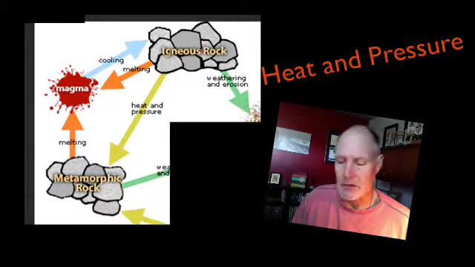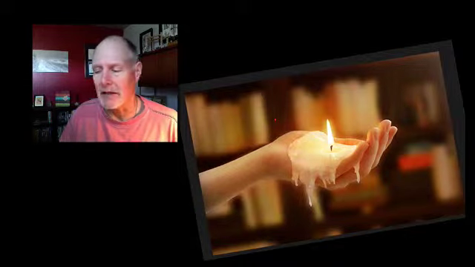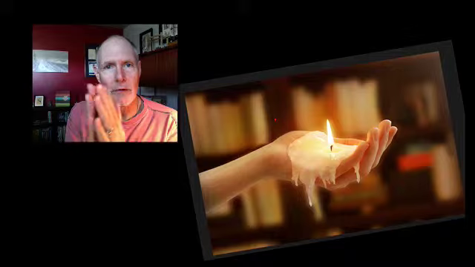Let me give you an example of that. You know what a candle is, and you know that when you light a candle, it melts. But have you ever played with a candle that has not been lighted, just the candle itself, and you just held it in your hand and you kind of just rubbed it around, rub that wax around a little bit?